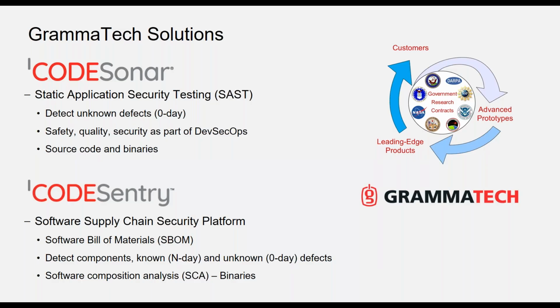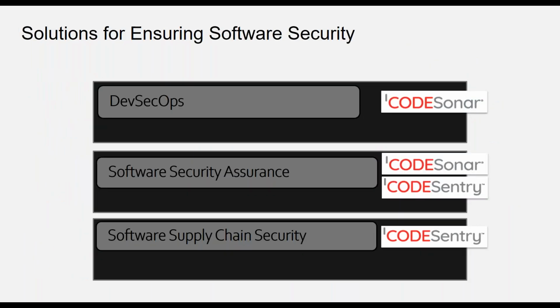To make the difference between these tools clear, Codesonar runs on source code or binary code to discover zero-day vulnerabilities. That means flaws in the code that you are developing. Typically, you put that in a DevOps environment.